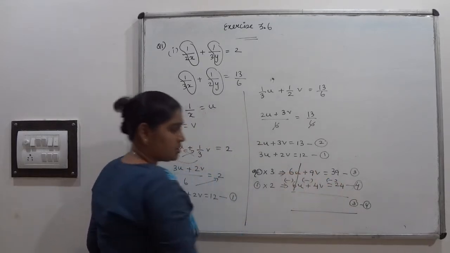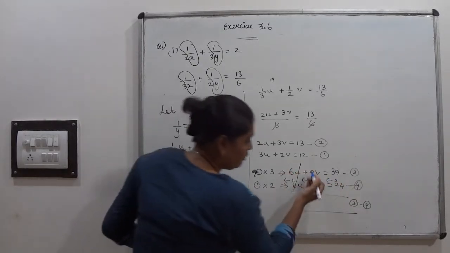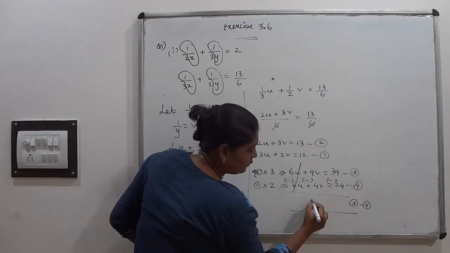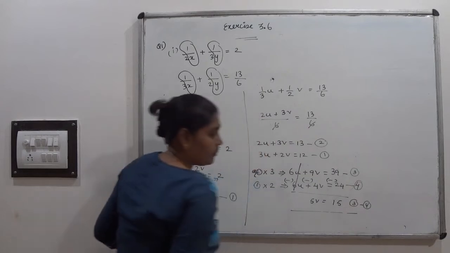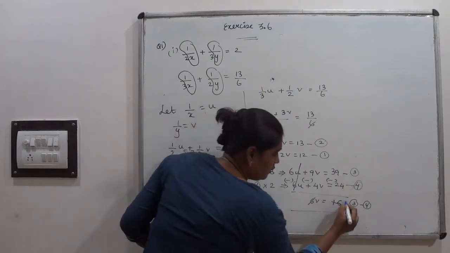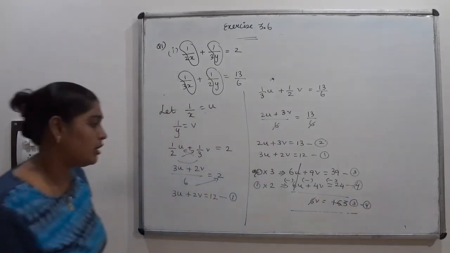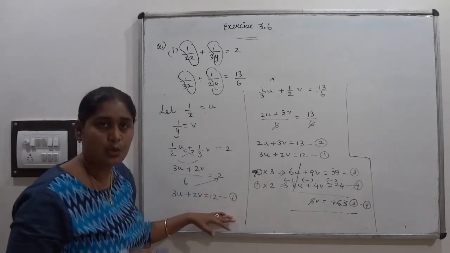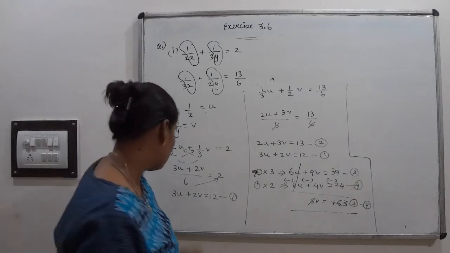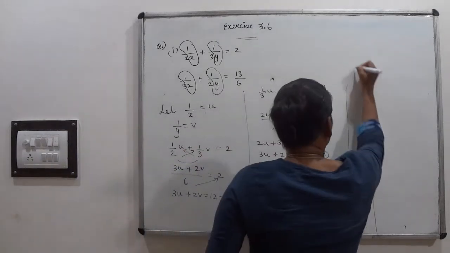6u minus 6u is cancelled. Now check here, 9 minus 4 that is 5v, which is equal to 15. So v equal to 3. Put v equal to 3 in any one equation, and you will get the u value also. I am keeping it in the first equation.